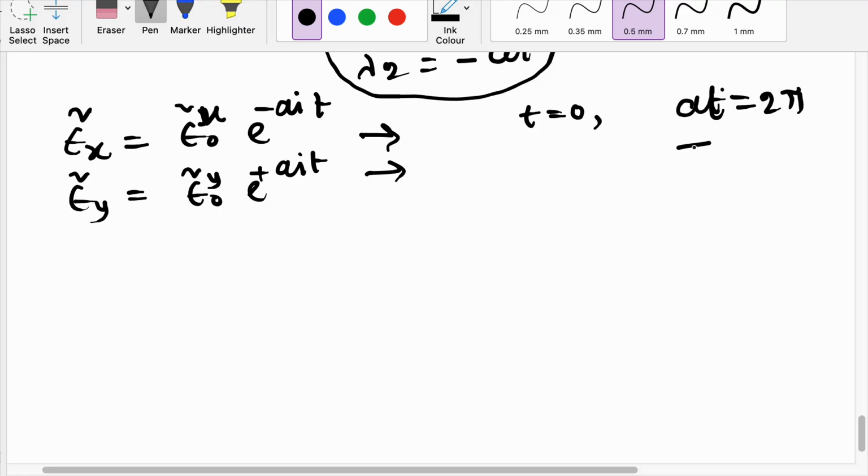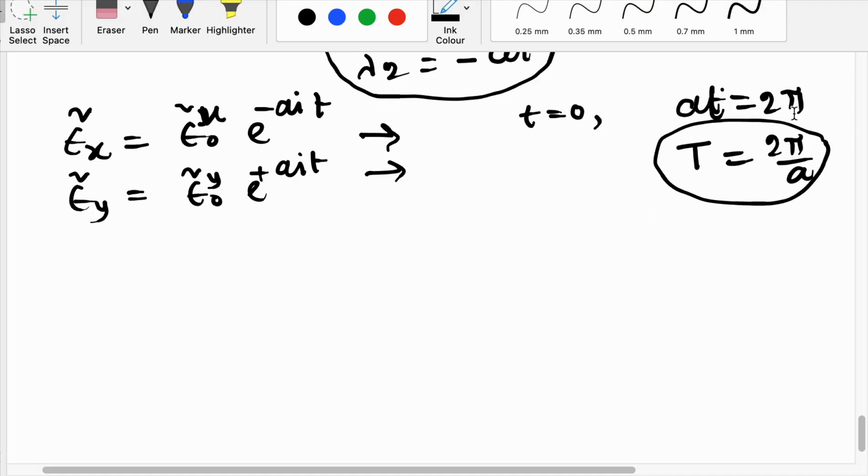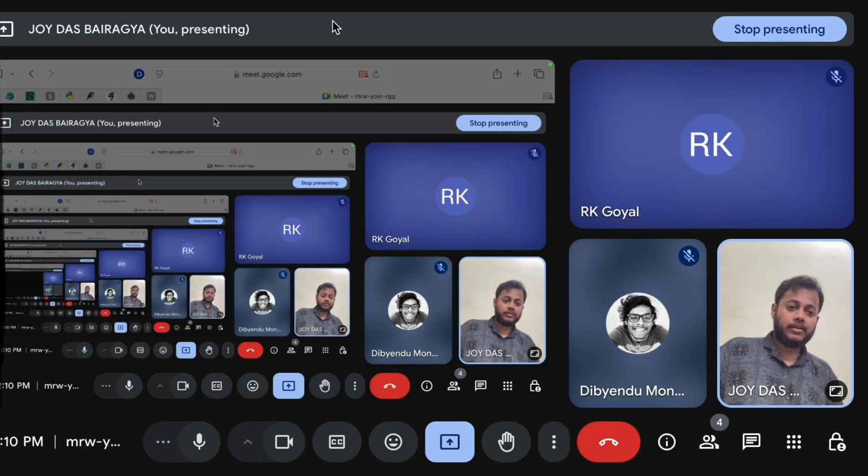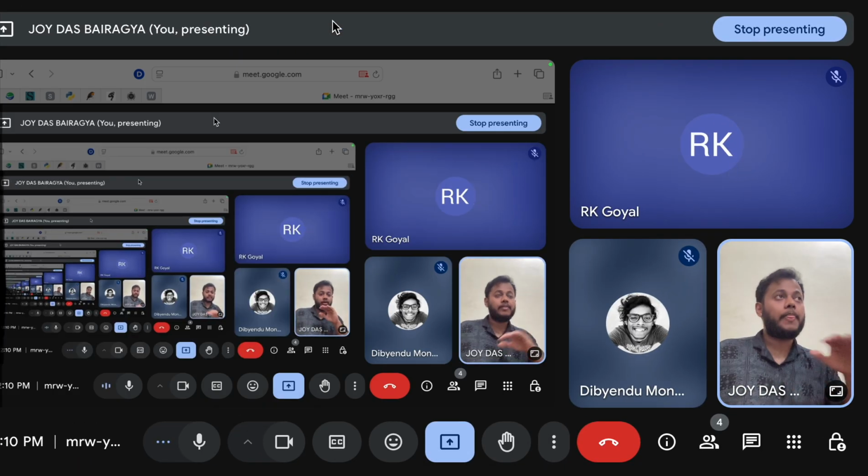That means the time period will become 2 pi by a. So after this much time, the system is oscillating, and the time period of the oscillation is T. So this is the thing that you are asking, when we can say that the system is oscillating.